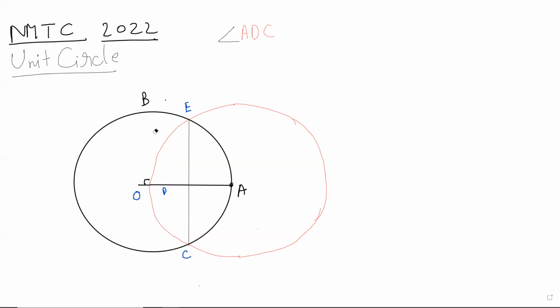If you forget the other things, can you now say anything about EC? These two circles are equal, right? And these are the centers. OA is bisecting EC. Yes.